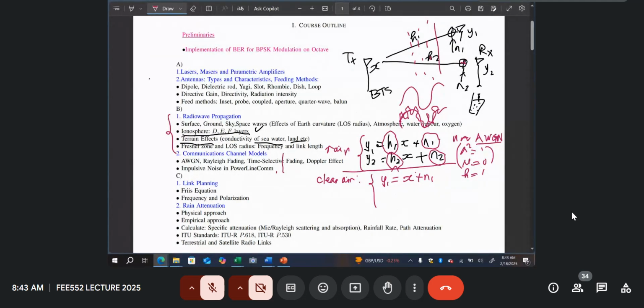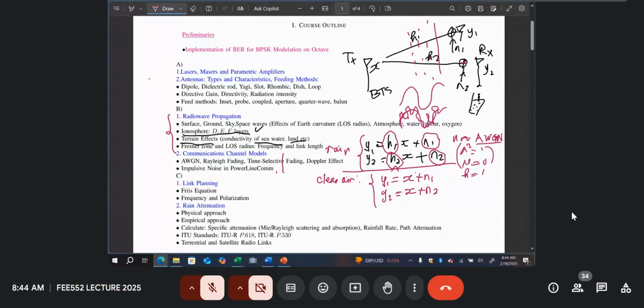Then y2 is x plus n2. Otherwise, if n were to be known, if you estimate n, it means you always receive that signal without error. But that's not the case. We always receive our signals in error because of the circuitry after the antenna.